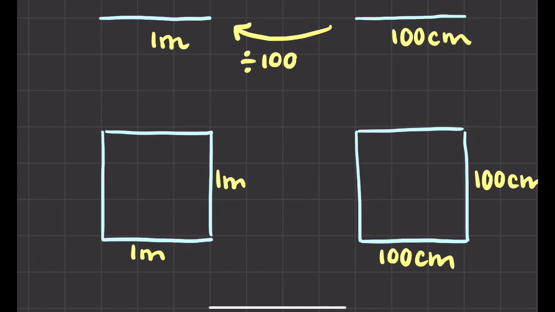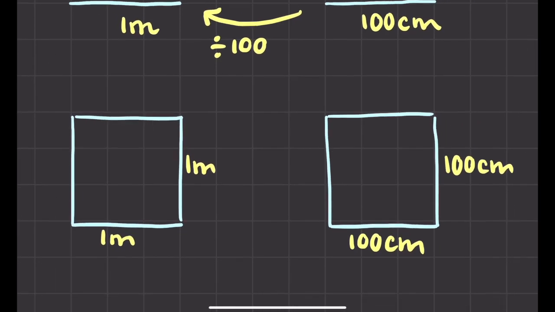Okay, and we then applied that to areas. So if I had two squares here, they're both the same area because they're both 1 meter by 1 meter. I've just written one as 100 centimeters by 100 centimeters. It's still the same size, isn't it? And we can work out these areas. So 1 times 1 is 1 squared, so this is 1 meter squared, and 100 times 100 is 10,000 centimeters squared.